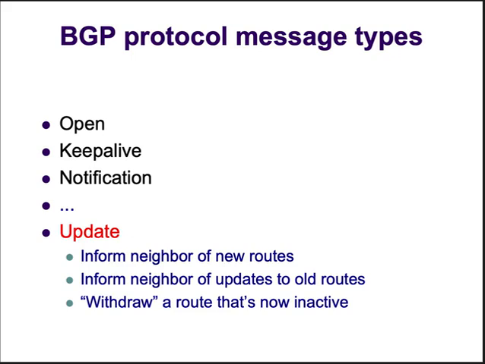The one that we care about is what we call a route update type of message. This is a message that informs a border router either I have a new path to this destination prefix, or I have an update, maybe I've changed some of the path length or the actual path associated with this destination, or sometimes what we call a route withdrawal, which is a border router telling another border router, I no longer have a path to this prefix.